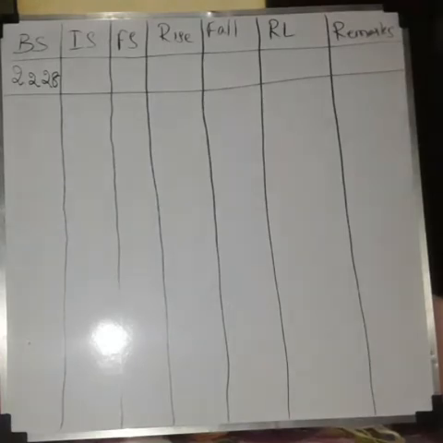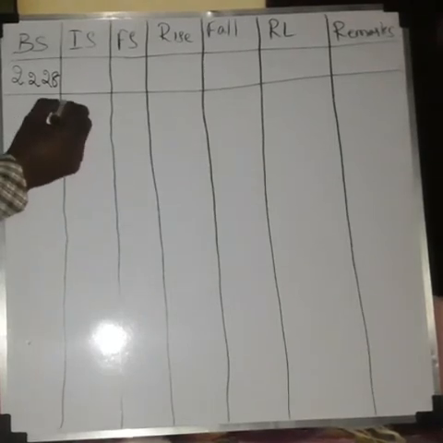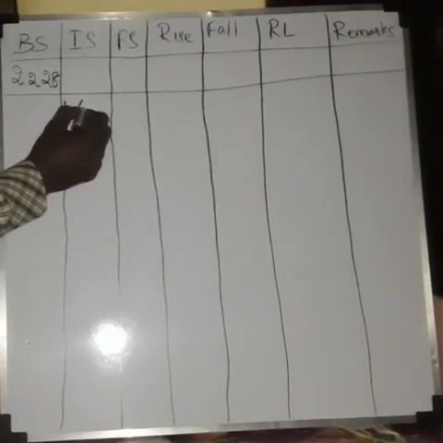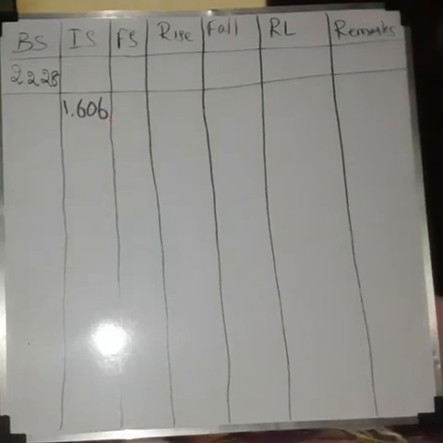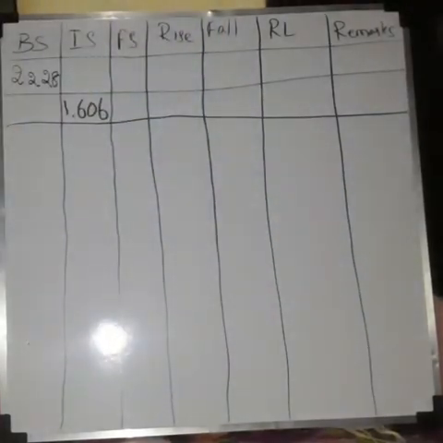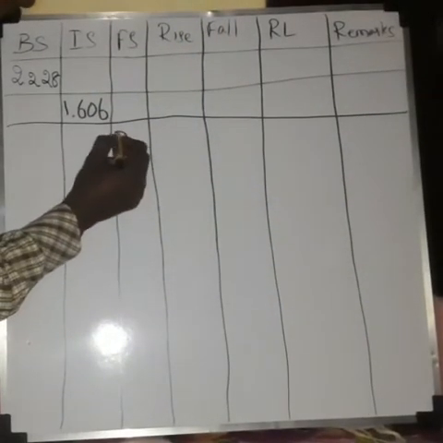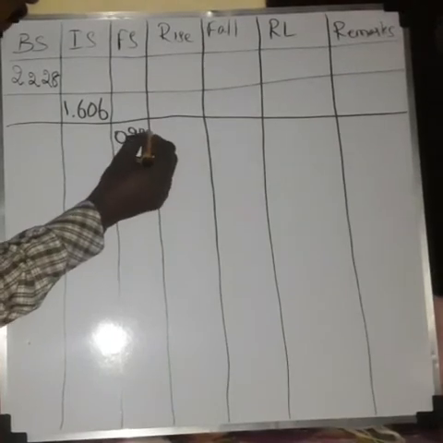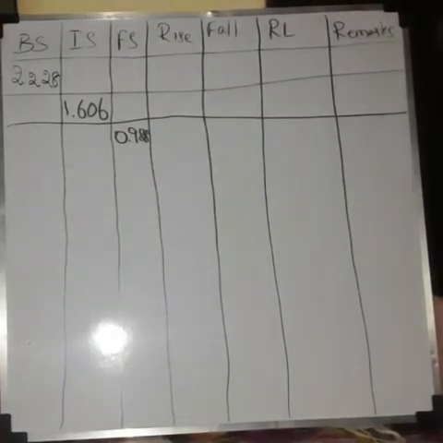Between the backsight and foresight value, there is an intermediate sight available. So I can enter 1.606 in intermediate sight. The last reading of the first station is 0.988 in foresight.